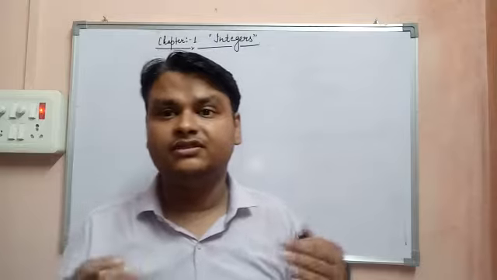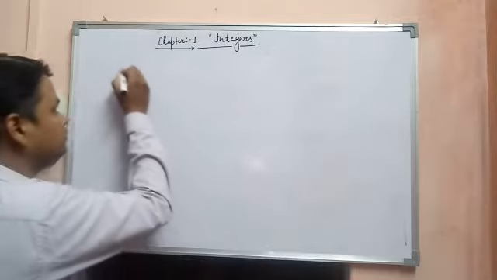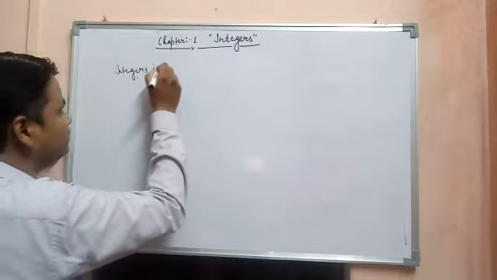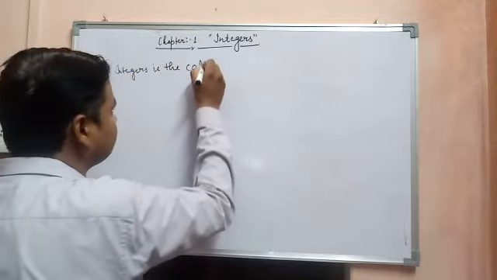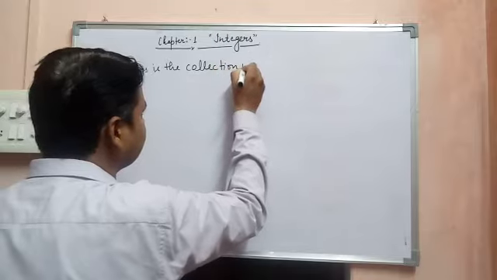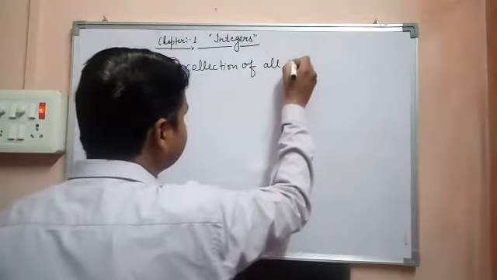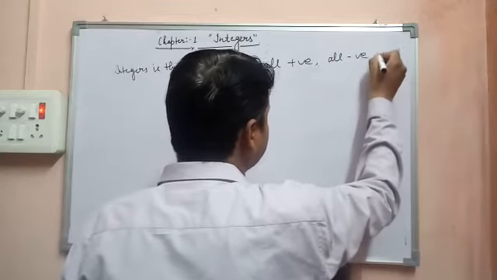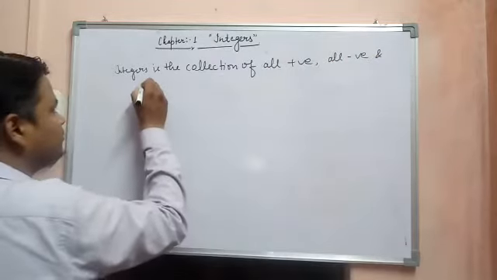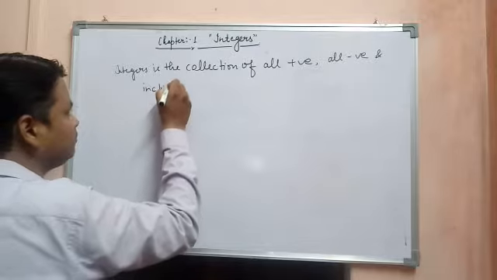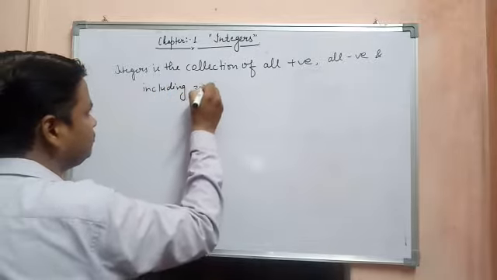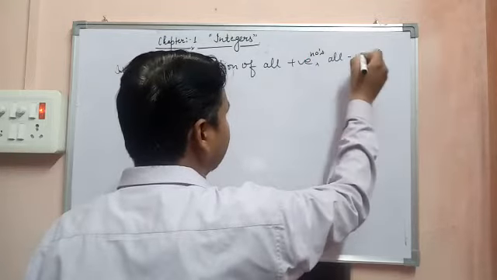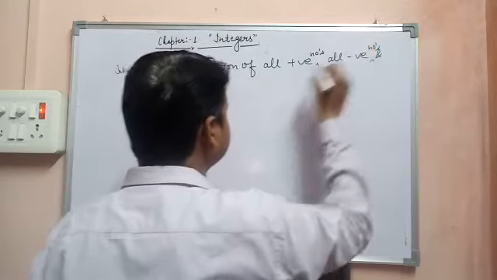Integers is the collection of all positive numbers, all negative numbers, including zero.